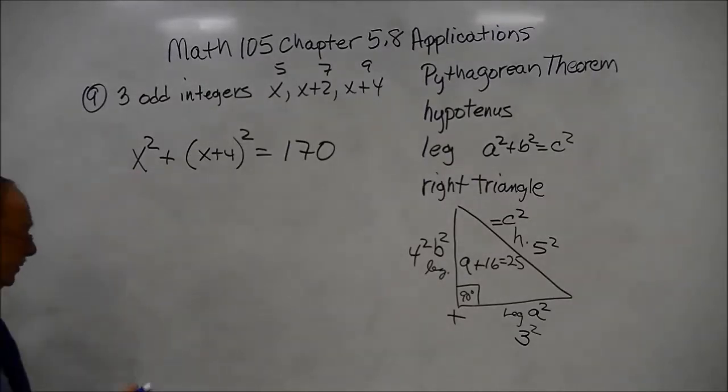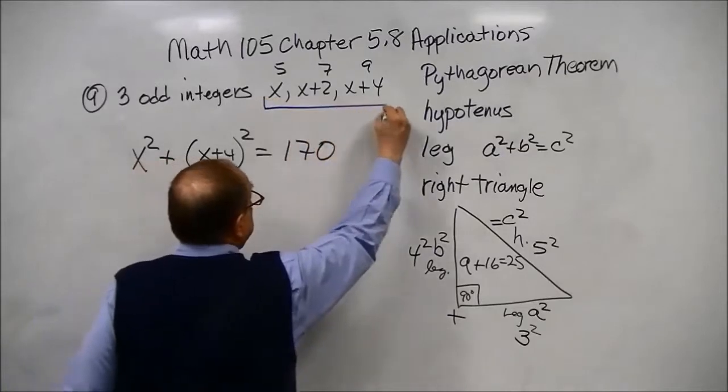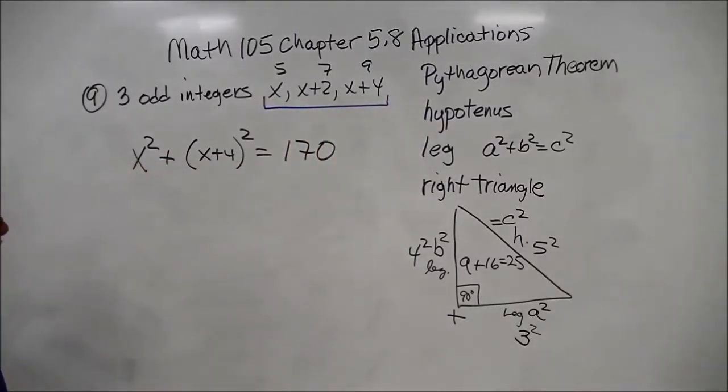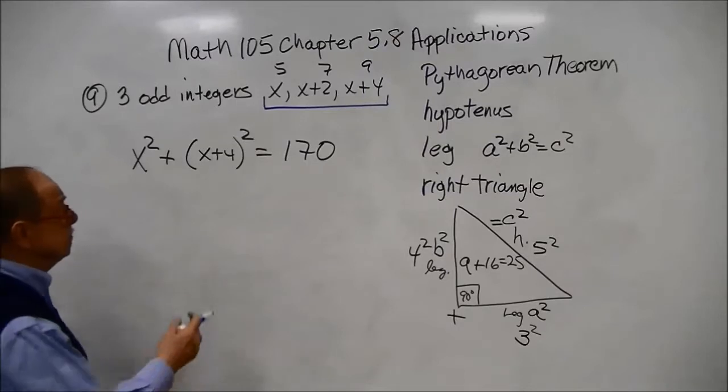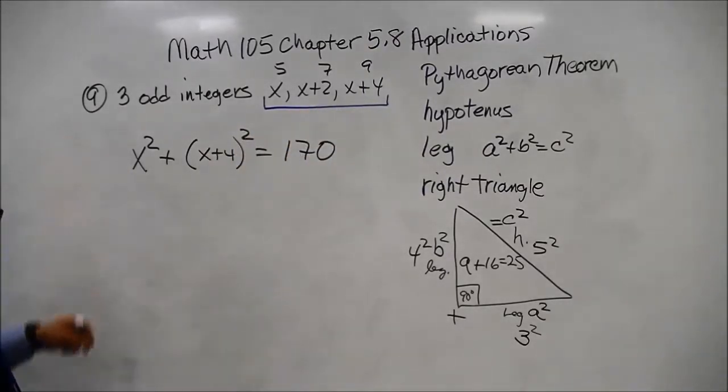Now, by the way, this algebraic representation is universal for any 3 consecutive odd integers. So this is what you would need to know to be able to do number 9.